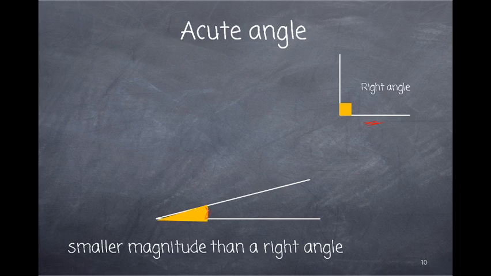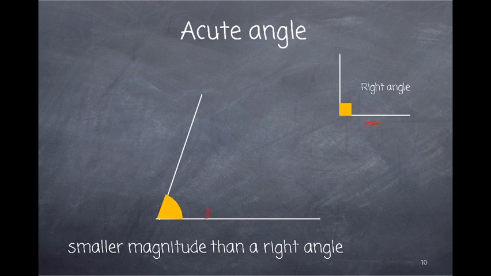Look at this, look at the magnitude. And this is another acute angle. The size is again less than the right angle. Look at this. What can you say? Is the size bigger or less?